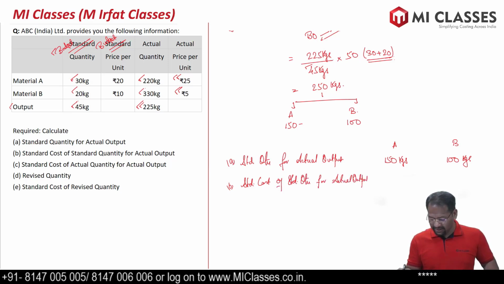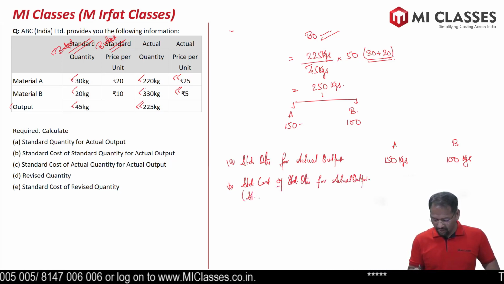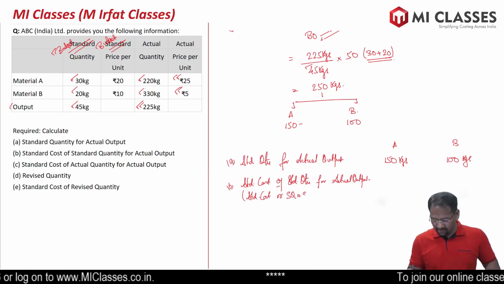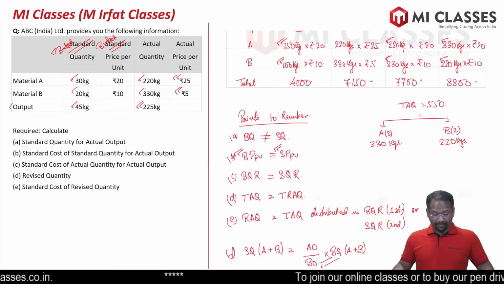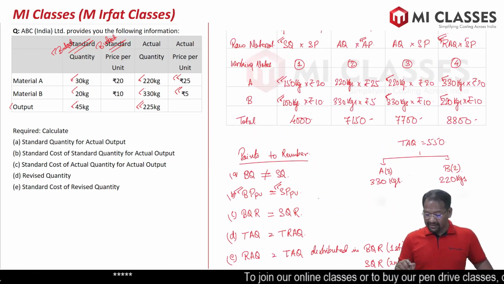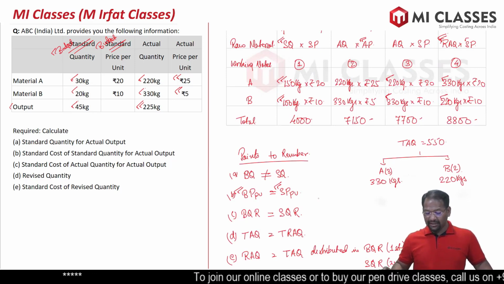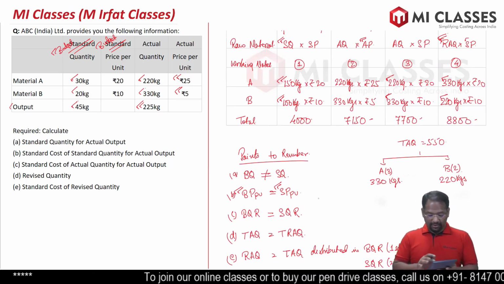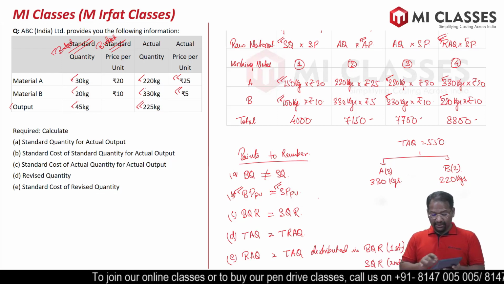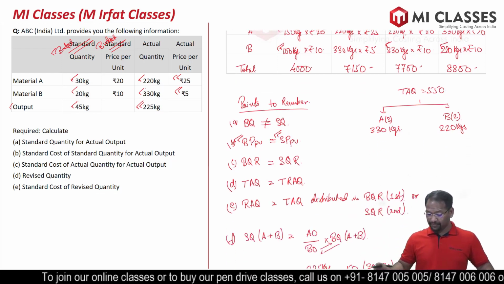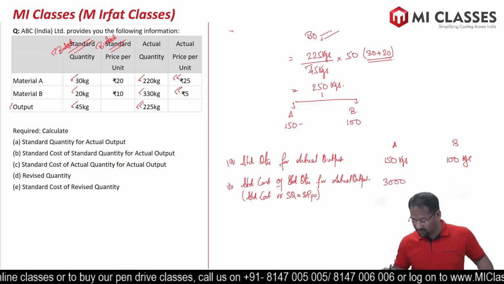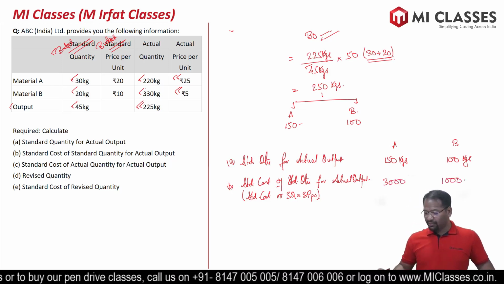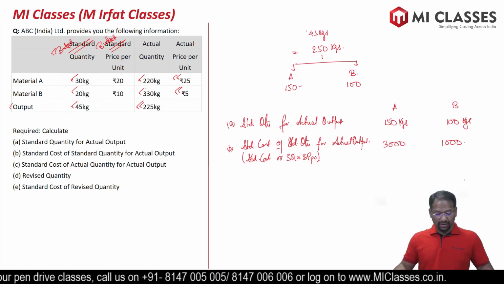In other words, it is asking standard quantity into standard price per unit for A and B. So for A it is 150 into 20 and for B it is 100 into 10. So 150 into 20 we get 3000, and this is 1000. In case you want to put the total also, you can put it here.